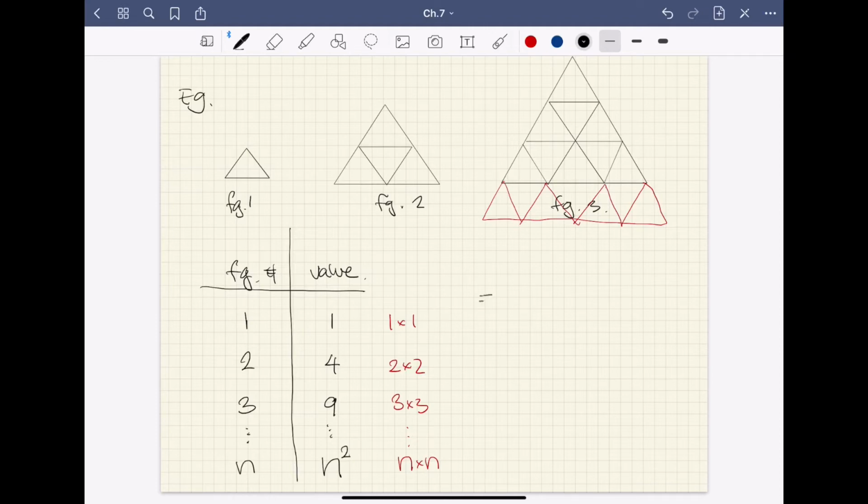Okay, so the number of triangles is equal to n squared. So if the question asks you, how many triangles are there in, let's say, the 10th figure, in figure 10? You will have 10 squared, that is 100 triangles.